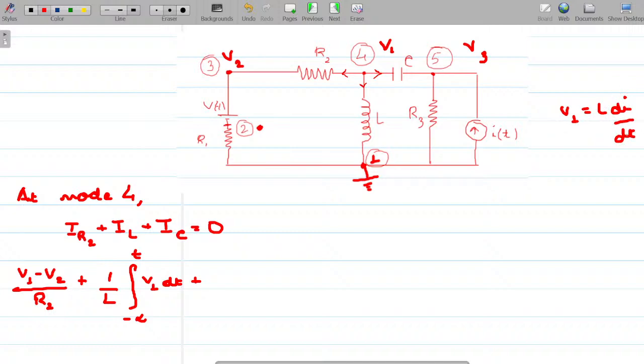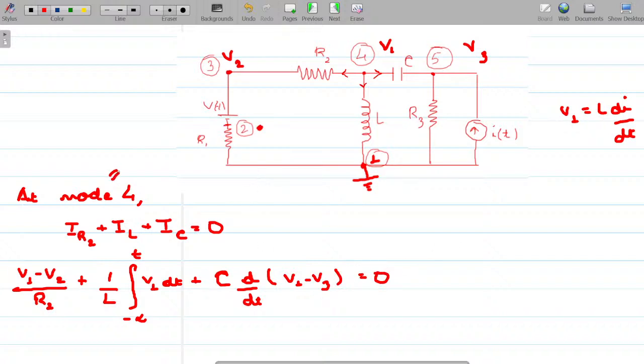So what would be the current in this case? 1 by L times the integration from minus infinity to t. Can I get the current from here? Now tell me what is the current across a capacitor? Right? So this is at node 4.